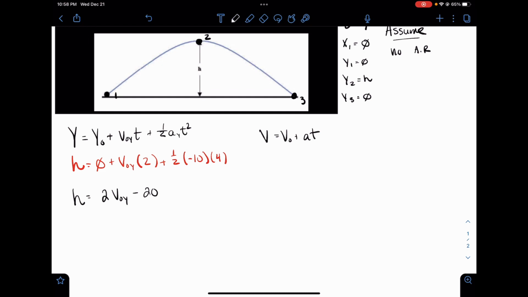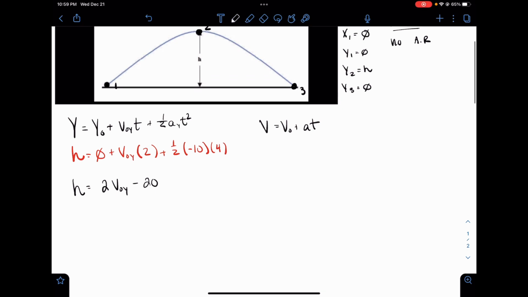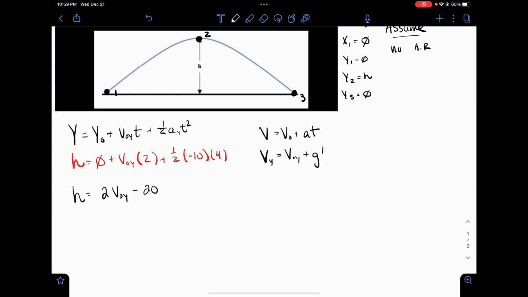This is the second most common equation you're going to use, and if the first one doesn't work, you should use this one, and then the other two are more rare instances. So from this point, if we're looking for v in the y direction, it goes vy equals v naught y, which is actually what we're going to use, and then we have gt, right? This is essentially what we're looking for.